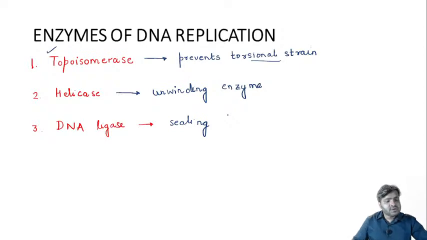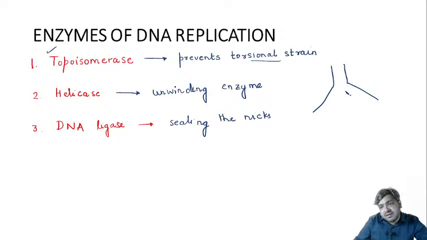So you should know that DNA ligase is helpful in sealing the nicks. Suppose this is the replication fork and this is the lagging strand synthesis. Whatever gaps are present are filled by the DNA nucleotides, and ultimately they are joined together by DNA ligase.